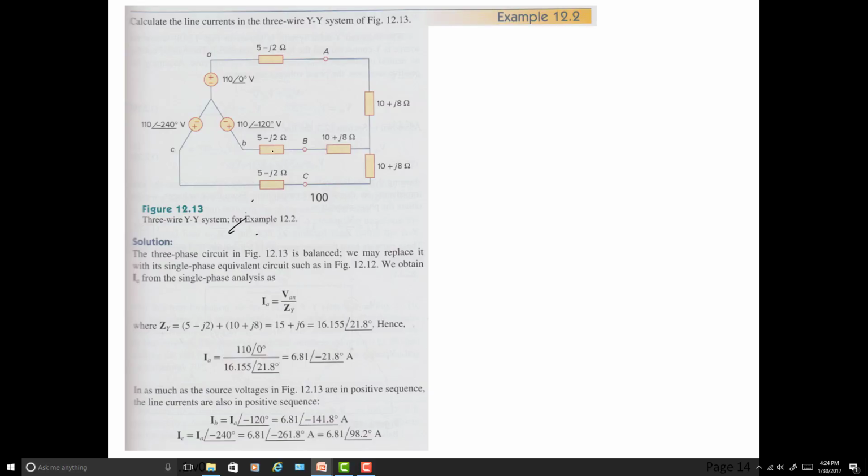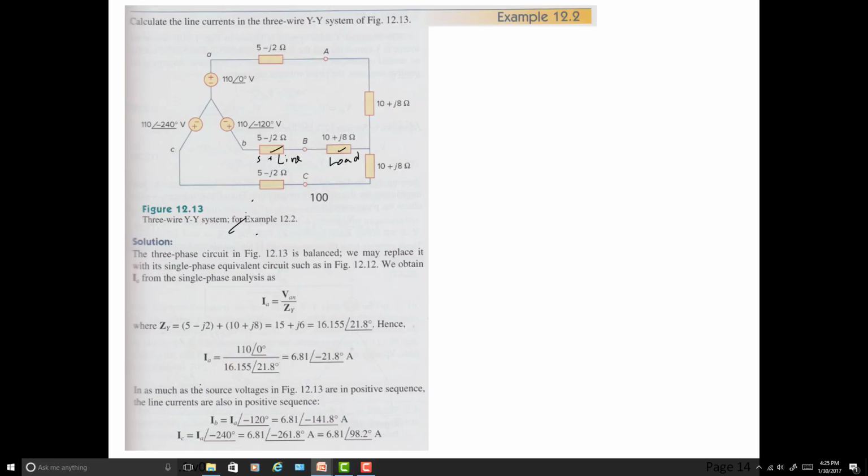And here is the source impedance. Here's some line impedance. And here is, oh, no, I'm sorry, they put a source and a line together as small values, and then here's a load impedance. So this is load, and this is source plus line.